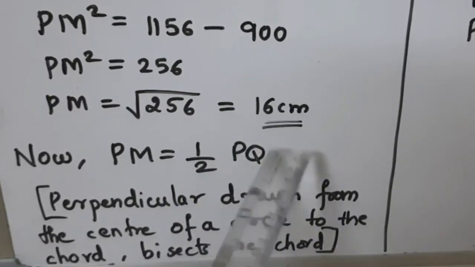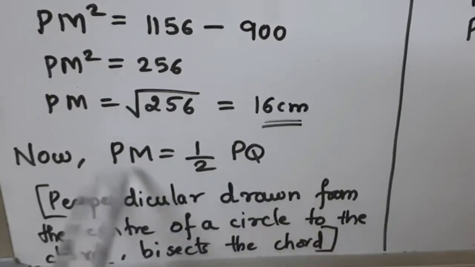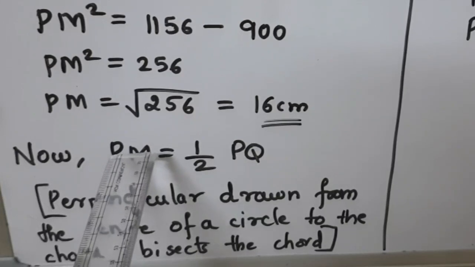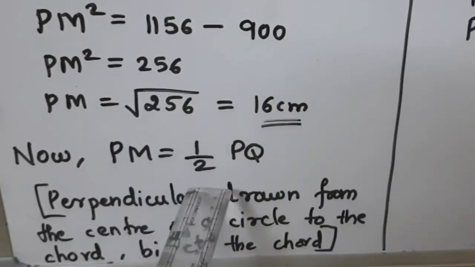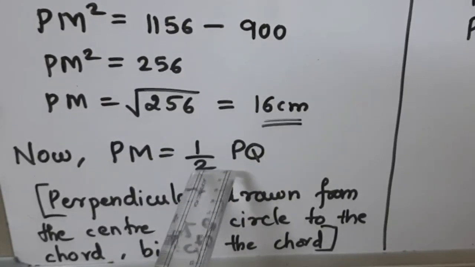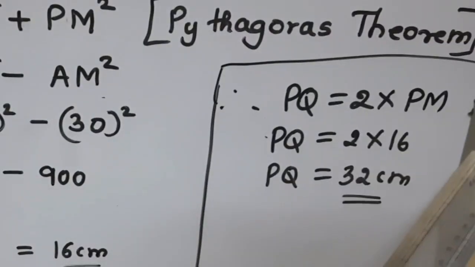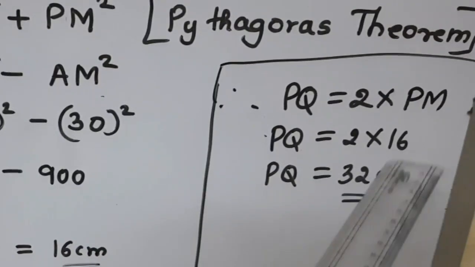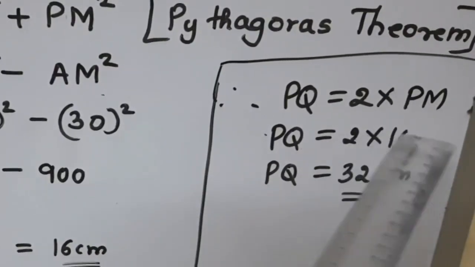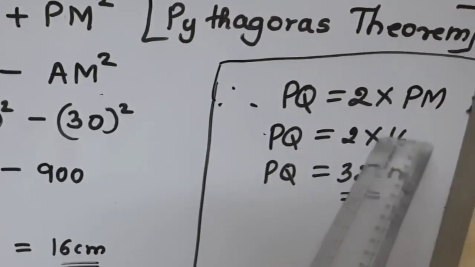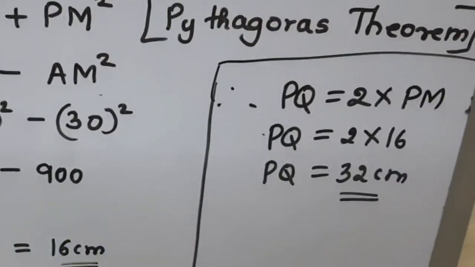Therefore we have to find now PQ. When PQ comes this side, what happens? PM gets multiplied with this 2. Therefore PQ is equal to 2 multiplied by PM, which is also equal to 2 PM. PM is 16 centimeter. 2 into 16 is 32 centimeter.